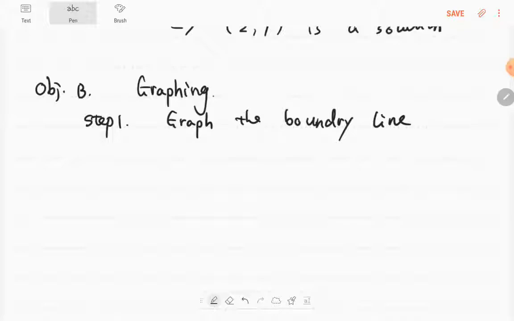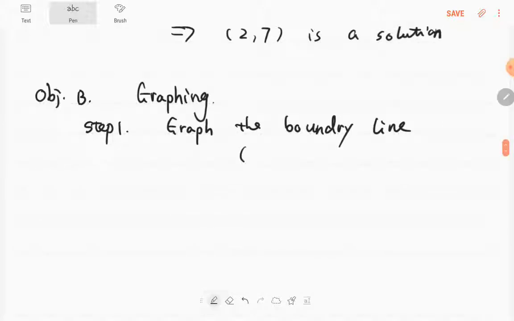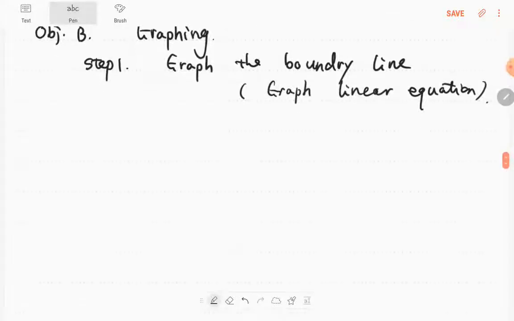We treat the inequality as the equation, then we can find the boundary line. Actually, the first step is to graph the linear equation.